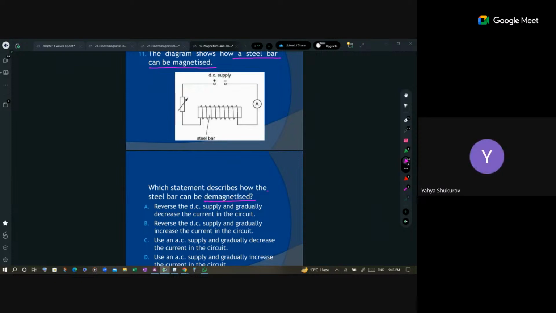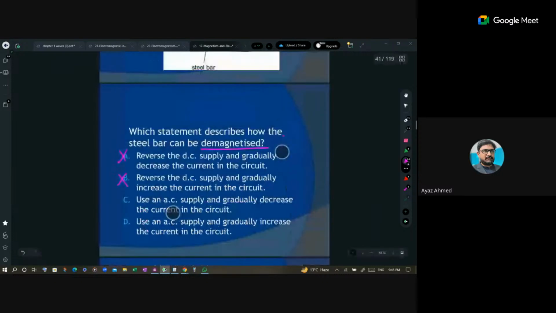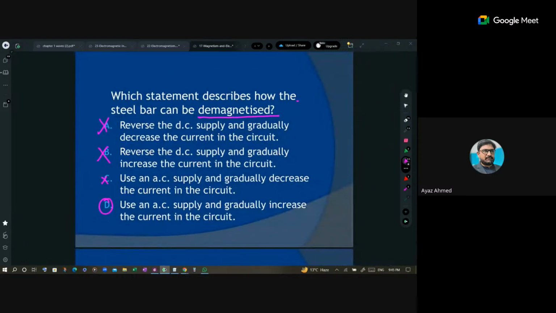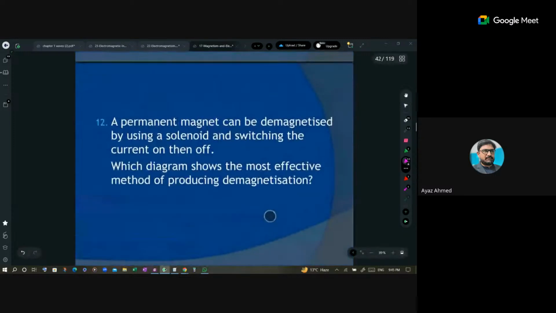So don't cut D, the AC one. So cut these two, and then you use an alternating current supply and gradually decrease the current in the circuit, and use an alternating current and gradually increase the current in the circuit. Yes, D. Okay, when you decrease the current, actually it would keep the magnetizing properties over there, and then you have to drag as well.